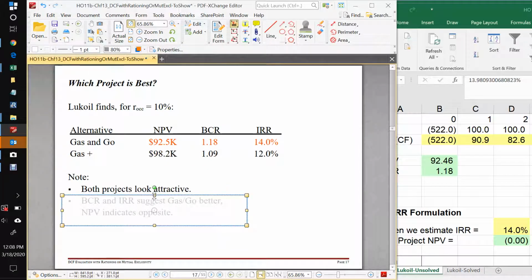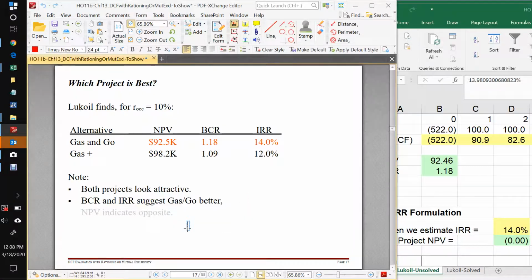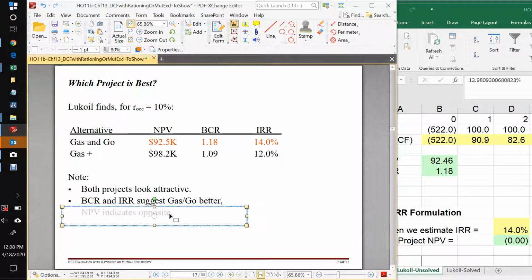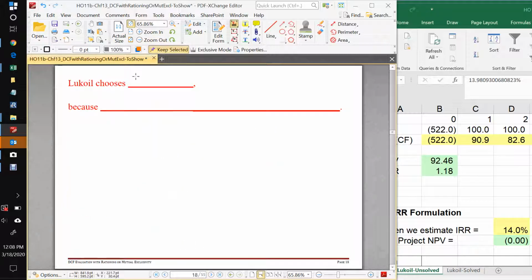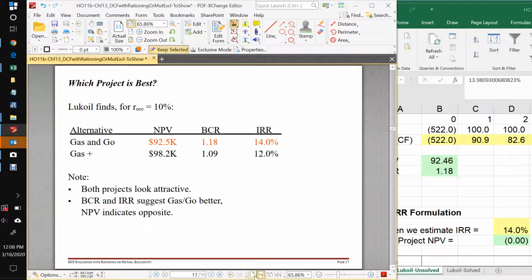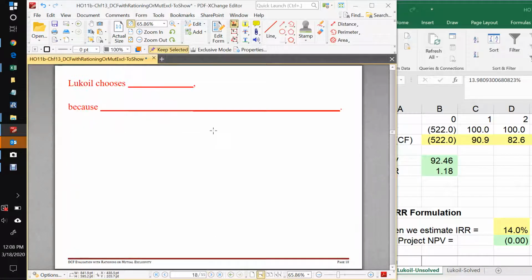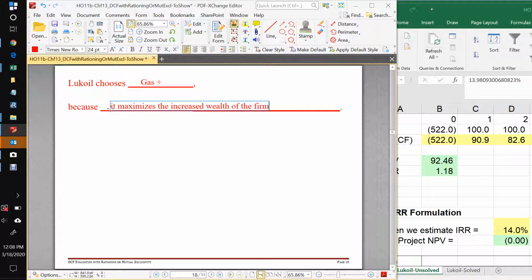Like we said on the previous page, BCR and IRR suggest that gas and go is better, but NPV indicates the opposite, and Lukoil is going to choose the gas plus here because it maximizes the increased wealth of the firm.